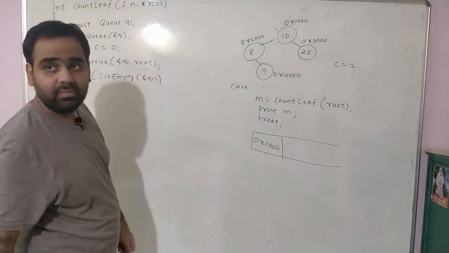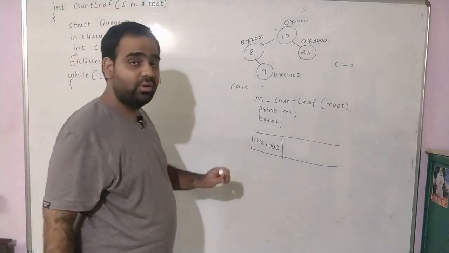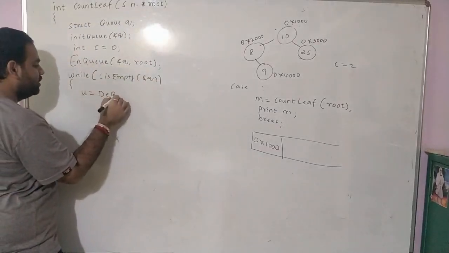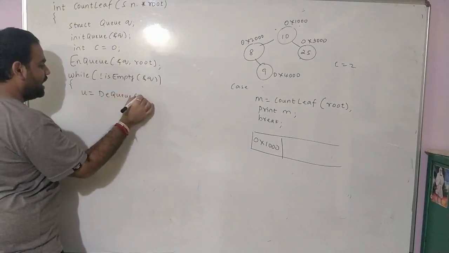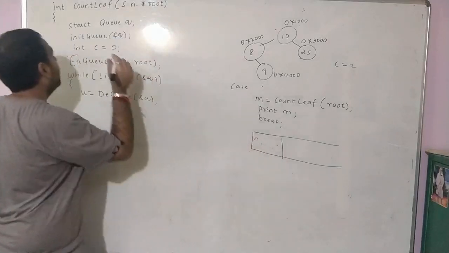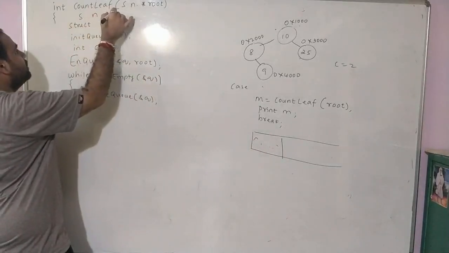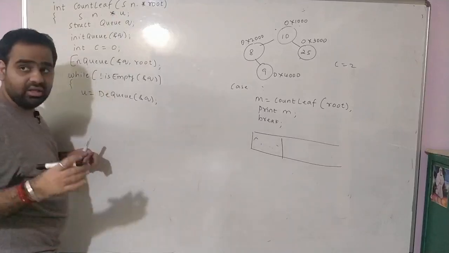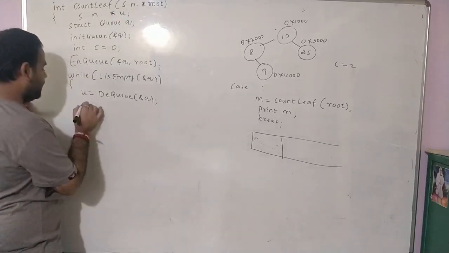If the queue is not empty, what we need to do? We need to dequeue an item from the queue, and you say u is equal to dequeue of &q. Now whenever you dequeue, what do you get? You get 1000, and 1000 is of what type? Struct node star u. Okay, now you need to check if 1000 is a leaf node or not, and how do we check it?